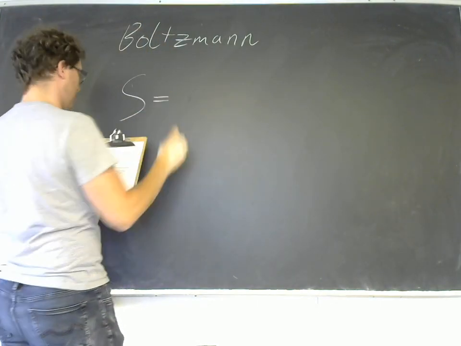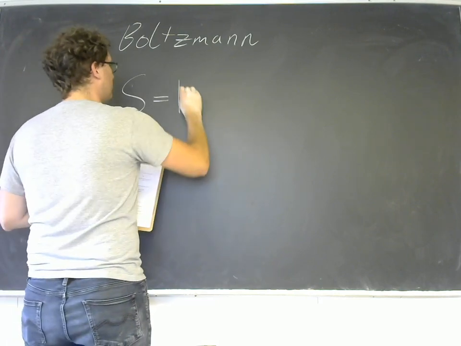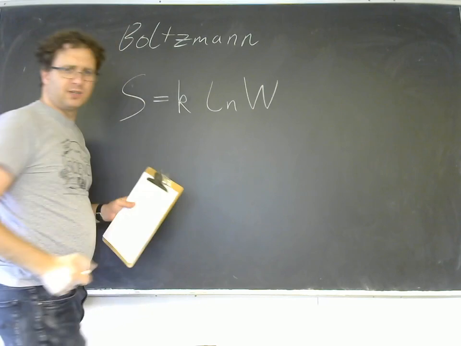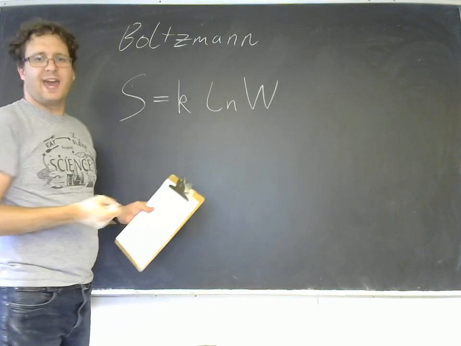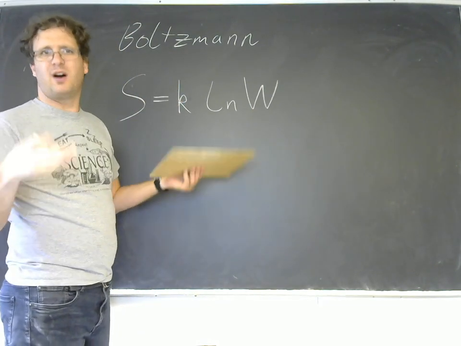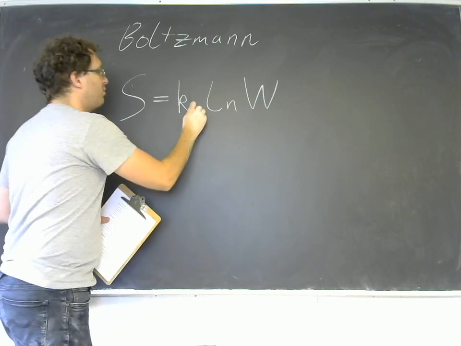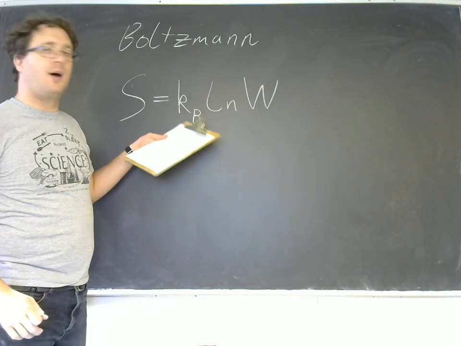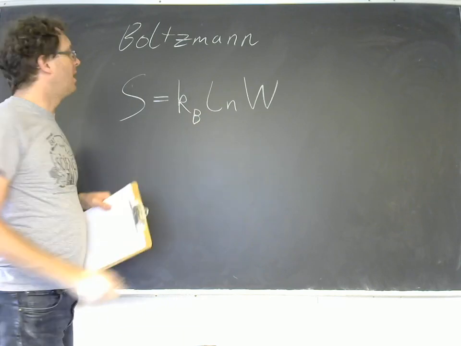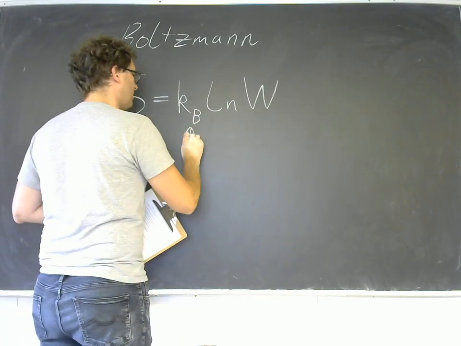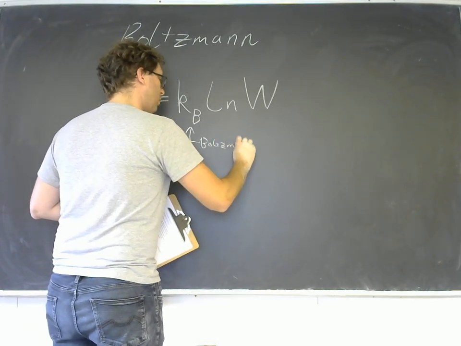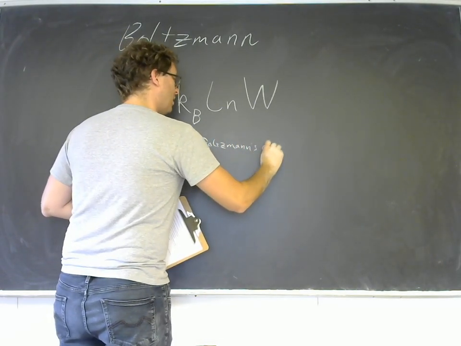S, the entropy, is equal to k times the natural log of W. Now, because there are so many k's, rate constants, equilibrium constants, etc., I like to put a capital B there, just to make it clear that I'm talking about Boltzmann's constant.